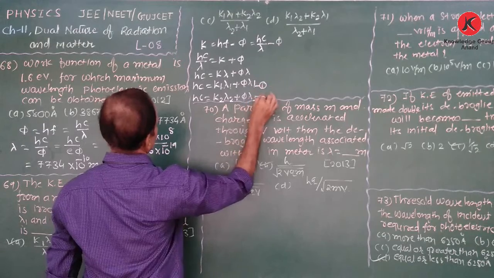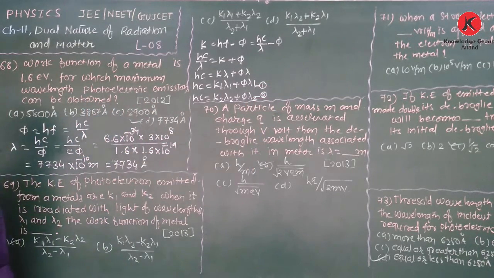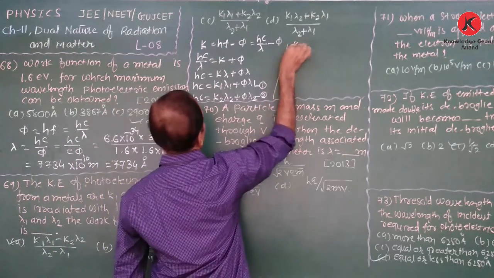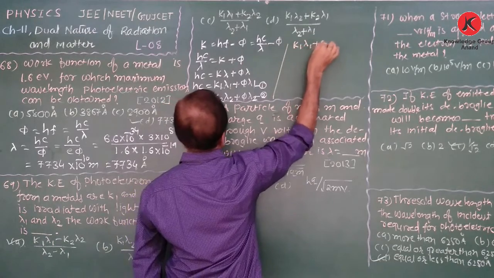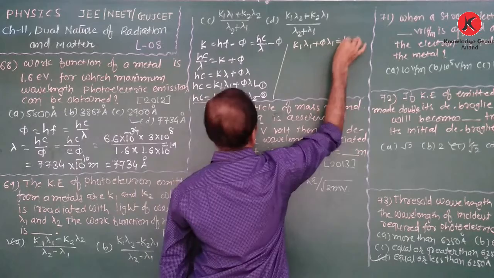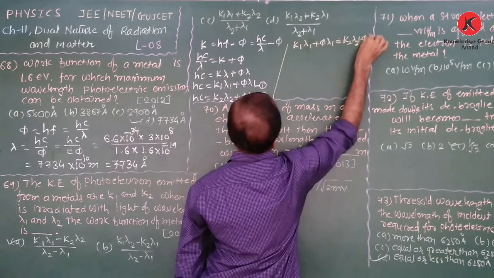The left hand sides of equations 1 and 2 are the same. Therefore, comparing these two equations, we obtain K1 lambda 1 plus phi lambda 1 is equal to K2 lambda 2 plus phi lambda 2.